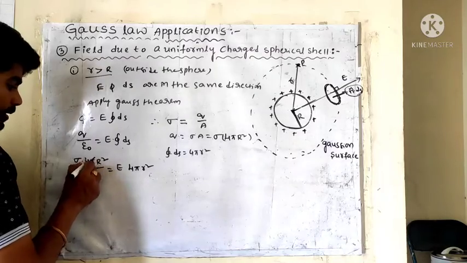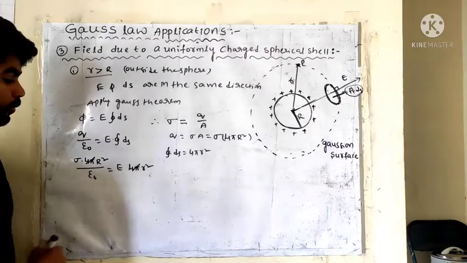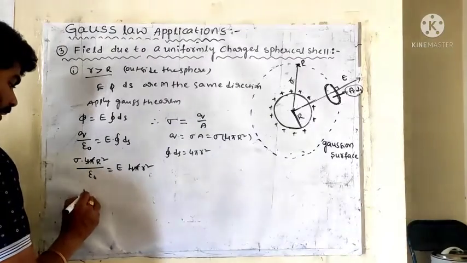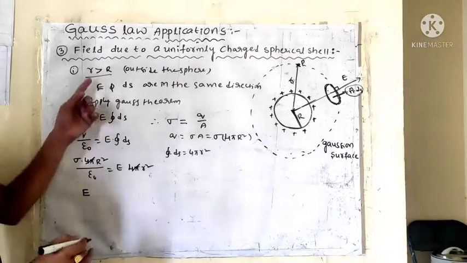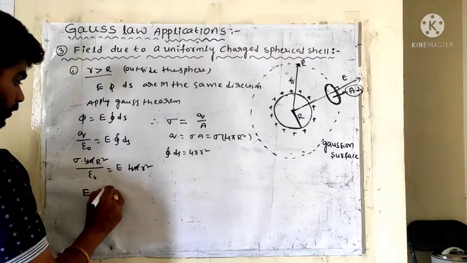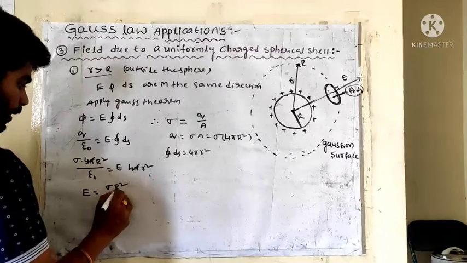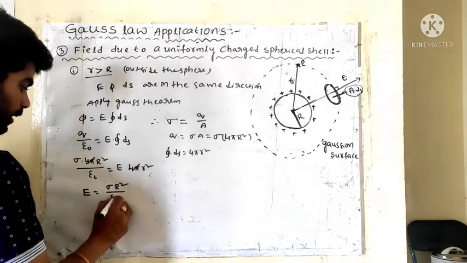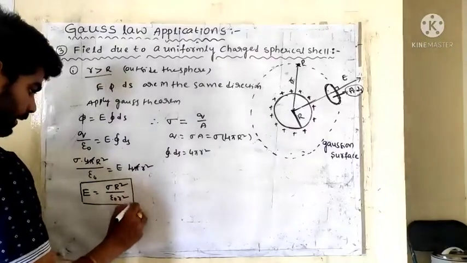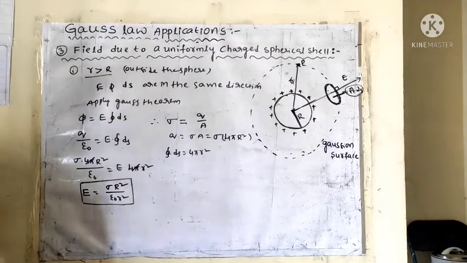The 4 pi on both sides cancel. Finally, the electric field at a point outside the sphere is E is equal to sigma R square by epsilon naught r square. This is the outside formula.